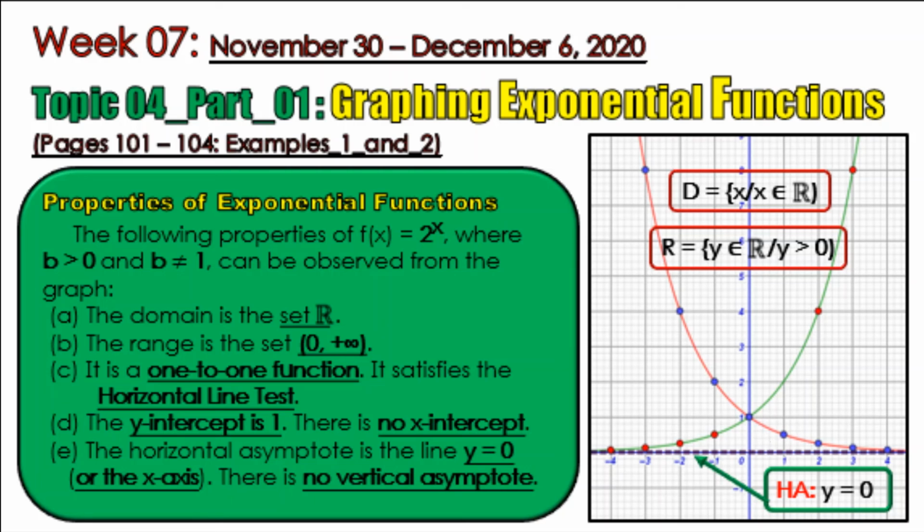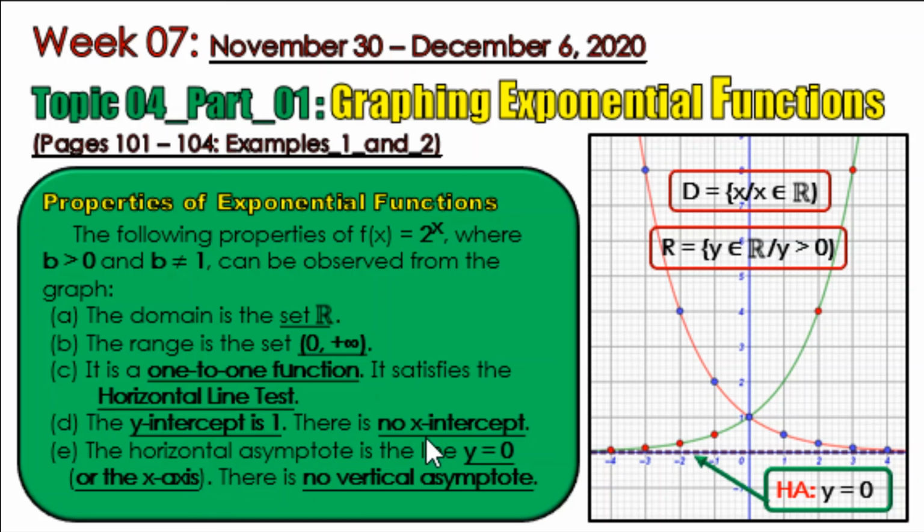So the coordinates of this point is 0, 1, and that is what you call the y-intercept. Again, the definition of y-intercept is the value of y when your x is 0. So for this point, the value of x is 0 because the coordinates of this point is 0, 1, and the value of y is 1, which is your y-intercept.